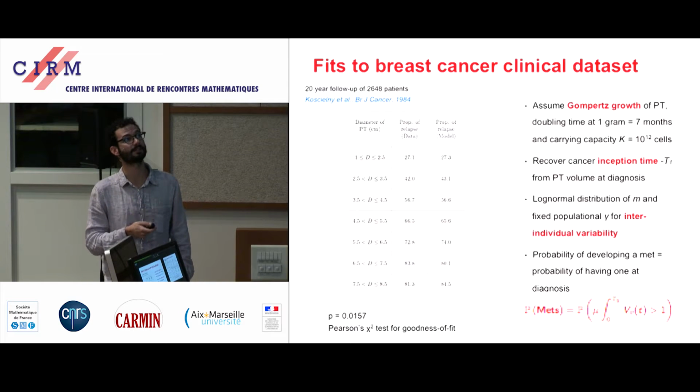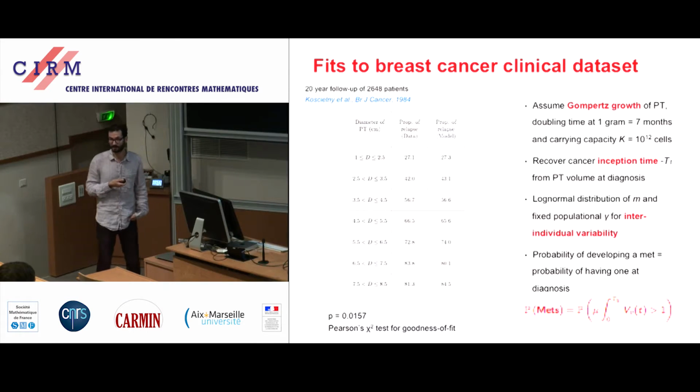So what you can see on the data here is that the probability to develop metastasis is larger when the size is larger, but the second and very interesting thing here is that it's not all the patients that have, for instance, a primary tumor between 2.5 and 3.5 centimeters that develop metastases. Only 40% of them will have metastatic relapse.